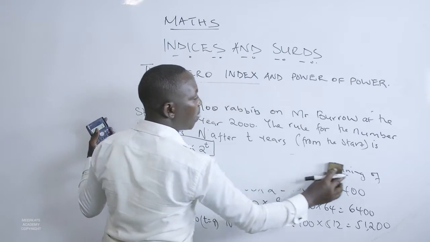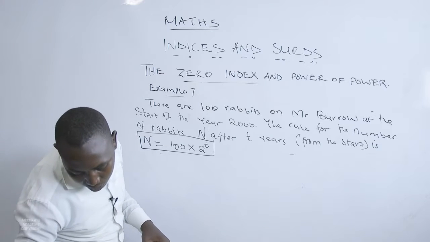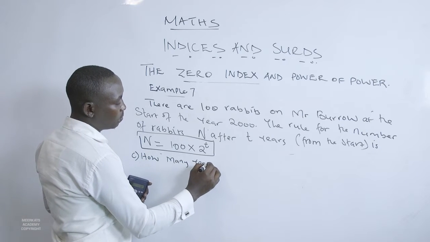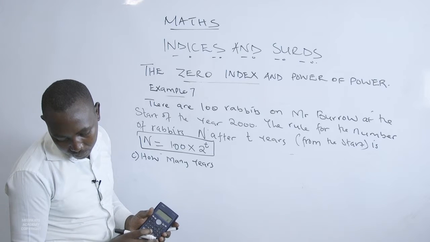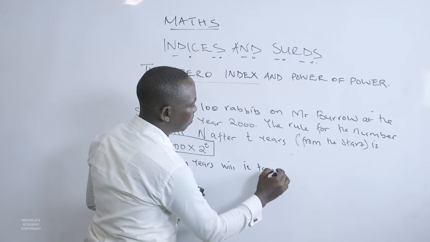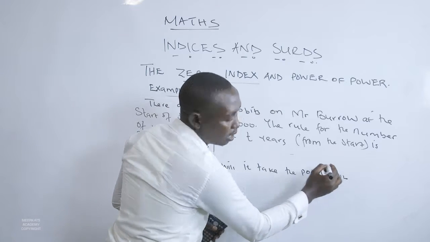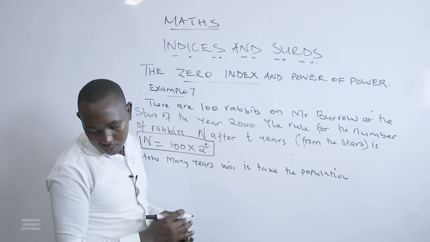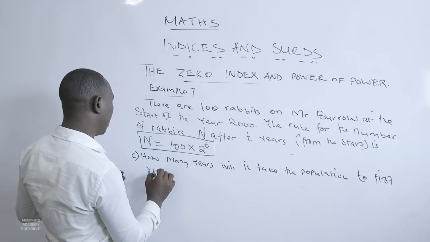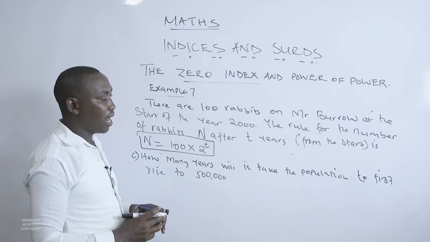Finally, part C. We are told, how many years will it take the population to first rise to 500,000 rabbits?